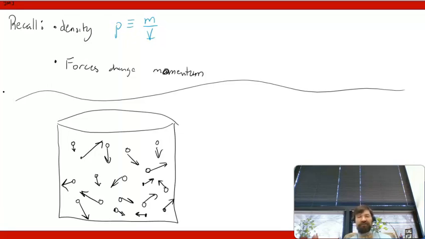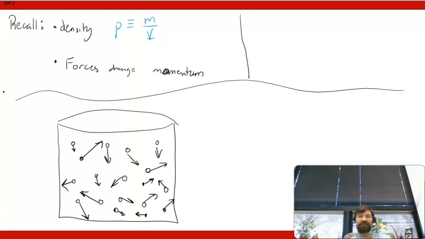Now, the collisions molecule to molecule should conserve linear momentum within the system of two molecules or even within the system of many molecules. But each time a molecule collides with the walls of the container, you get a change in the momentum and therefore a change in the system's center of mass motion.